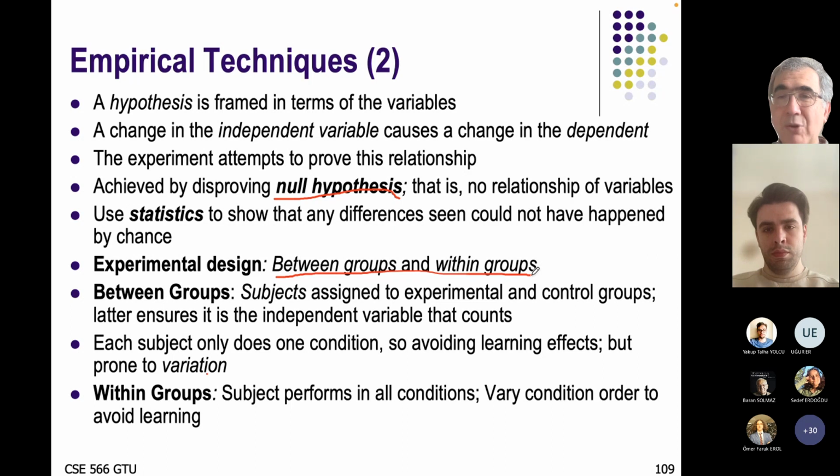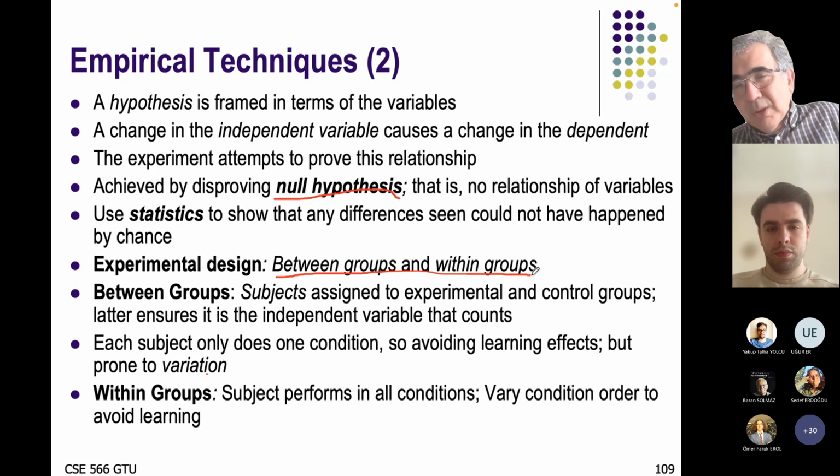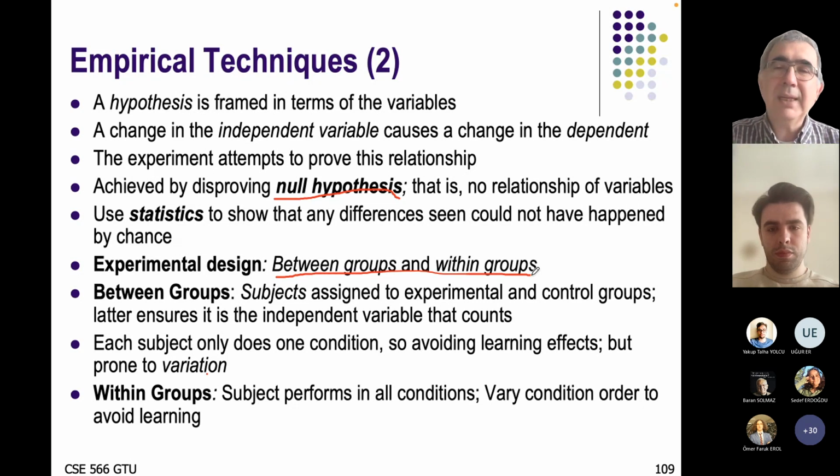So you cannot ask the same question. So that kind of task, such as solving a puzzle with method A and method B, once you solve the puzzle, you cannot solve it with method B because you already know the result. Therefore, those kinds of experiments are between group experiments where you cannot do the experiment with all people.